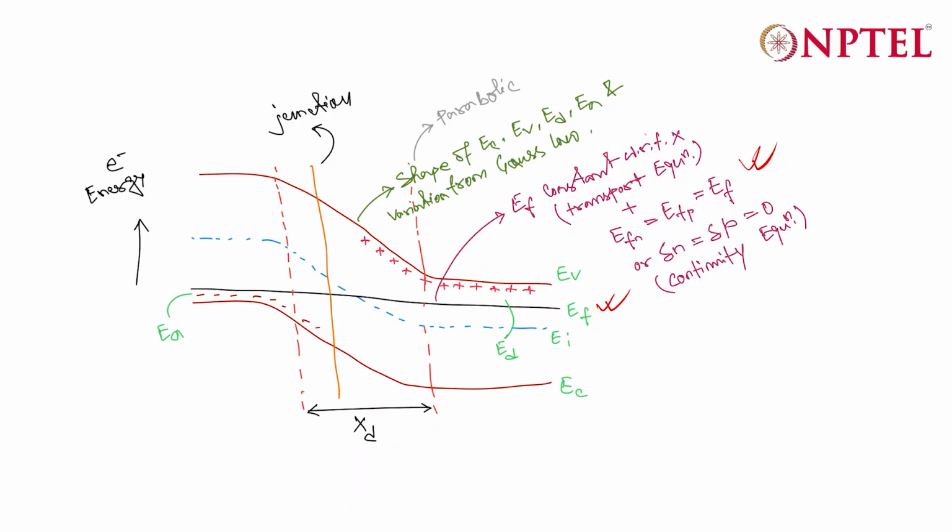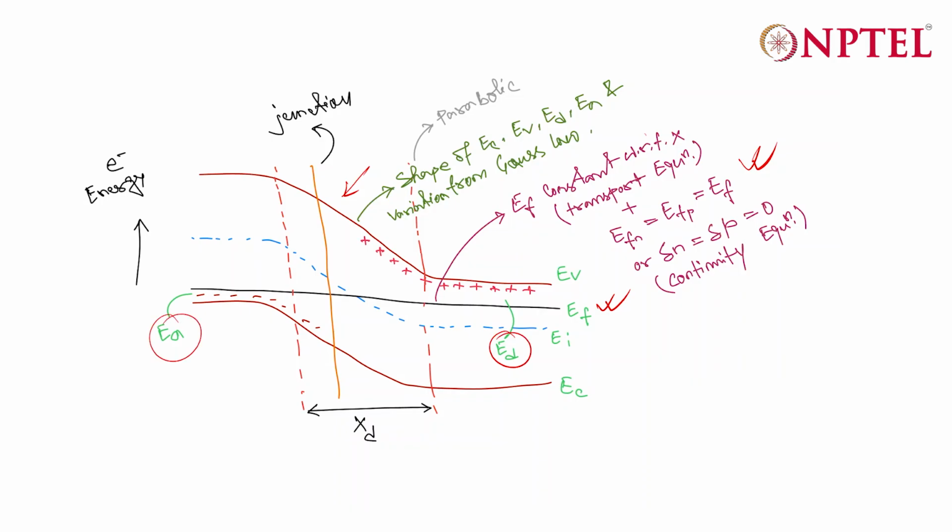And from Gauss law, we will be able to calculate the shape of the band, especially in the space charge region or depletion region. The shape of the band is, in this case, parabolic. We already have seen similar information while discussing the built-in potential and so on. So the shape of EC, EB, ED and EA relates to the doping levels, the doping energy levels.